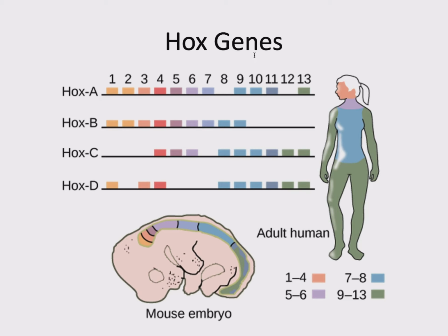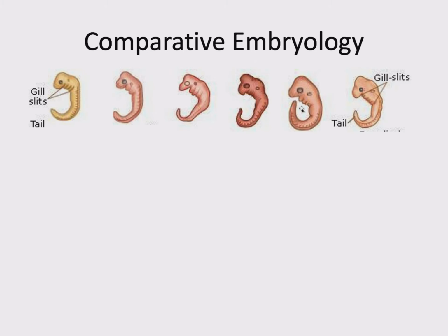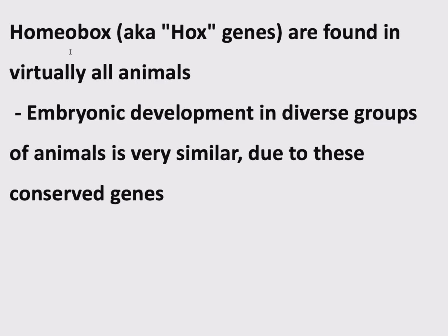That's because of these conserved Hox genes in all these different animals, giving them the same instructions. So, again, talking about these homeobox genes, embryonic development in diverse groups of animals, from fish to humans, is very similar because of these conserved genes.